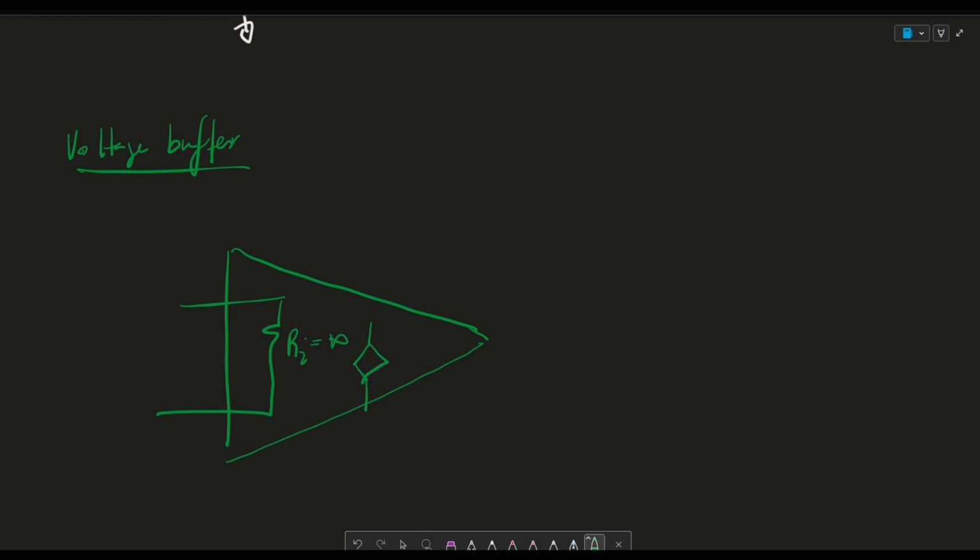It's a voltage controlled op-amp. So it has an RO of 0 or very close to 0. So large input resistance and a very small output resistance. And we collect a V out.